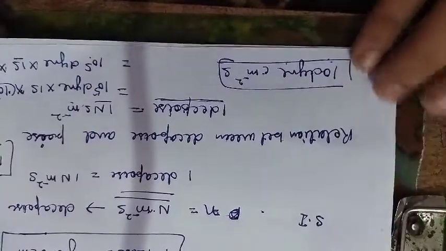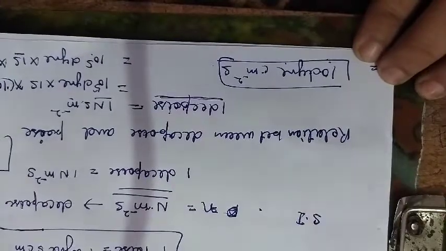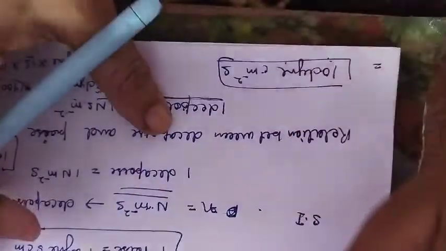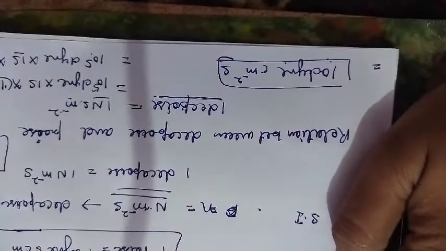So this is about viscosity, the coefficient of viscosity, and the relation between poise and decapoise.